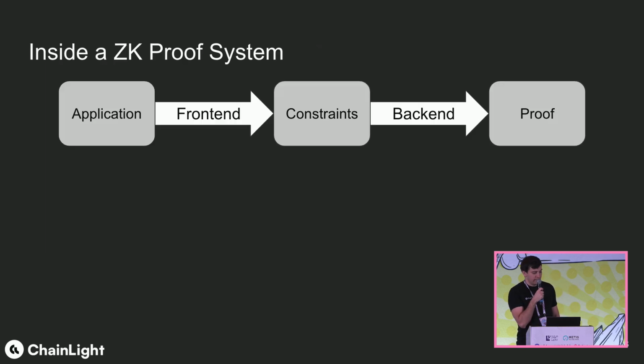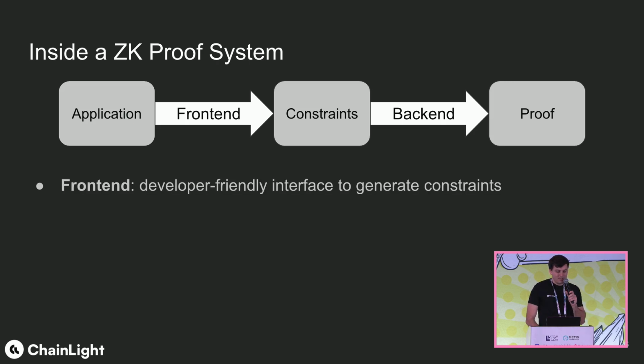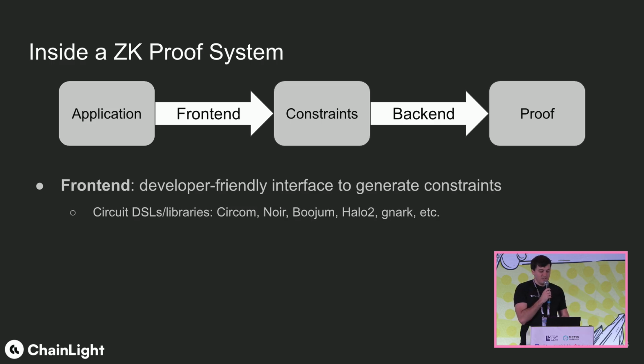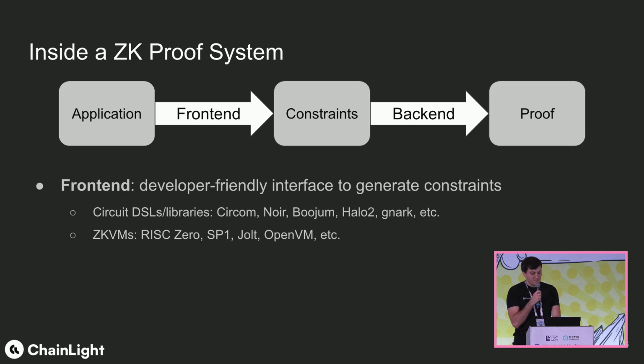Yeah, so to see how these things can actually go wrong, we need to look inside a ZK proof system. And I think it's conceptually helpful to divide it into two pieces, the front end and the back end. So the front end is essentially the part that the developer of the ZK application interacts with. So this can be circuit libraries where they write ZK circuits, or it can be, these days, higher level ZK VMs.